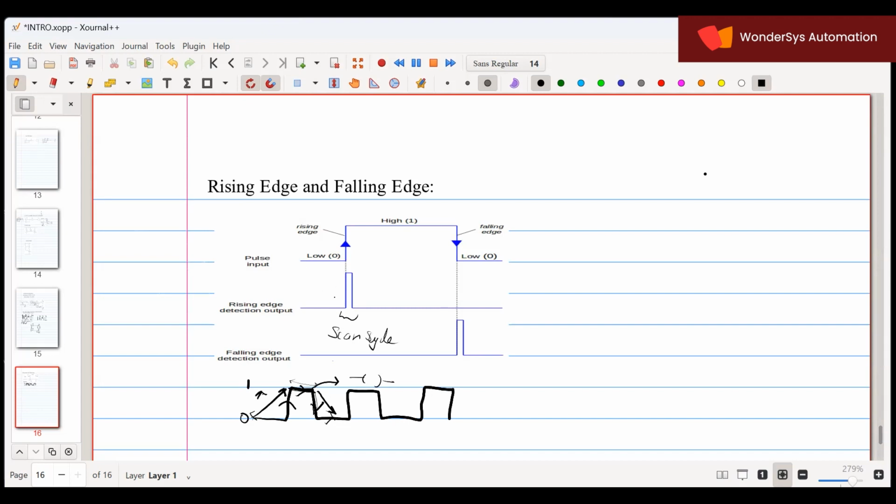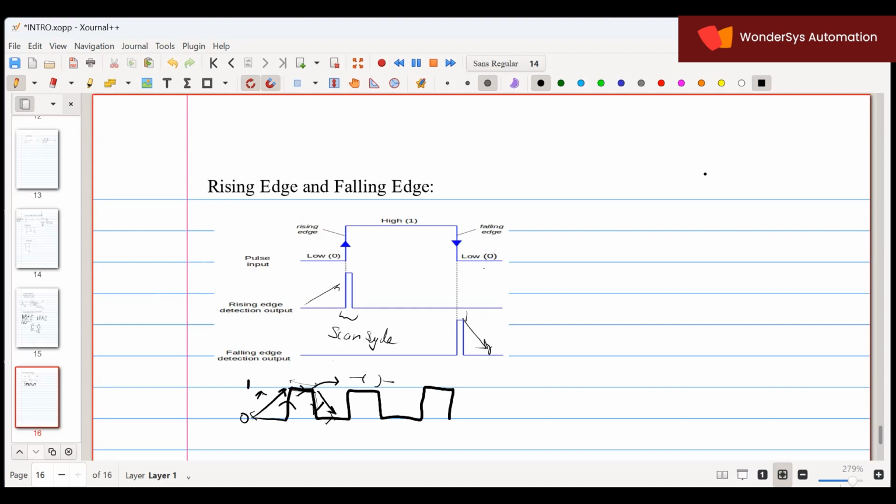Whenever there is a transition from 0 to 1, it is a rising edge or positive edge. Whenever there is a transition from 1 to 0, then it is a negative edge. This is about the concept.